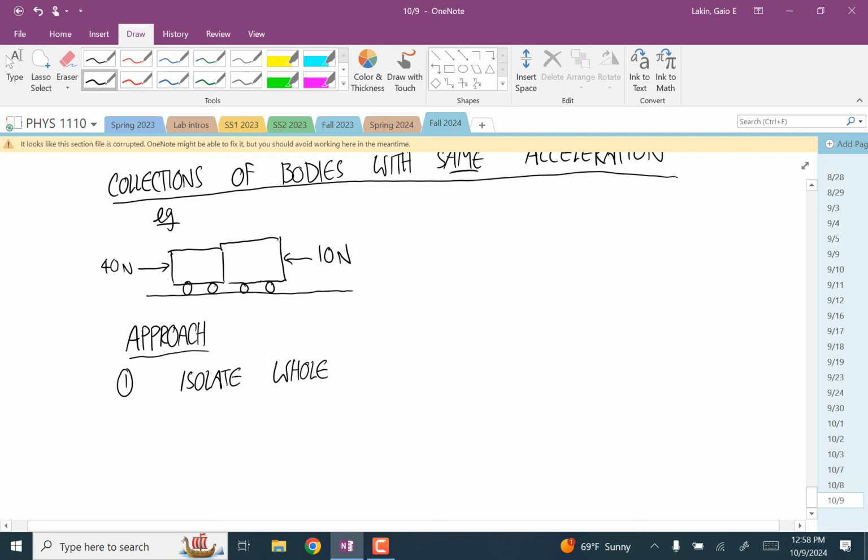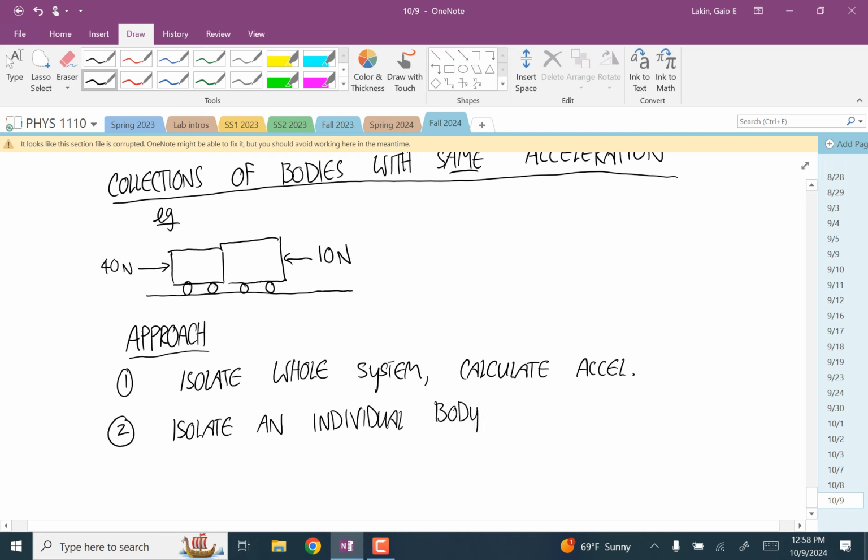We're going to treat it like our chosen body, and we're going to use this to calculate the acceleration. And then second, we're going to isolate an individual body and we're going to use the acceleration from step 1.